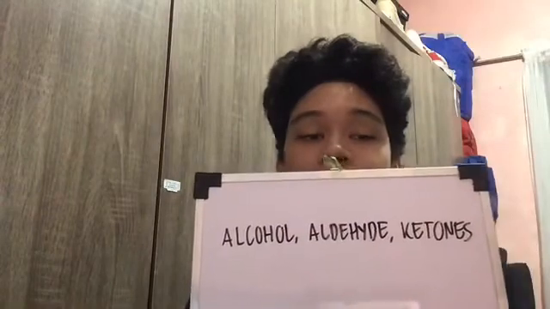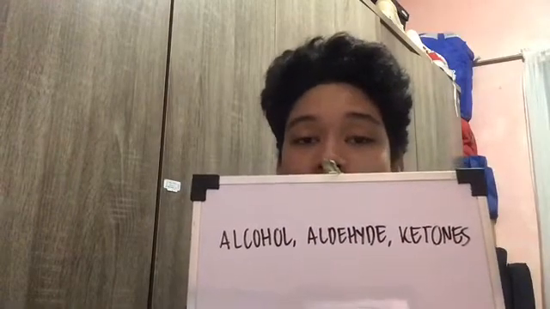Functional groups are groups of atoms that characterize the structure of a family of organic compounds. That is the basic definition of a functional group. For this video, however, I will be specifically focusing on 3 functional groups, namely alcohol, aldehyde, and ketones.